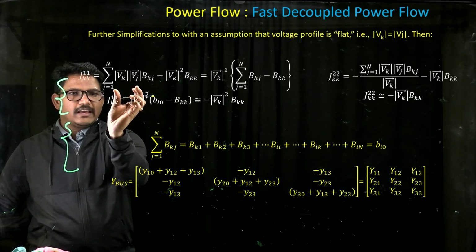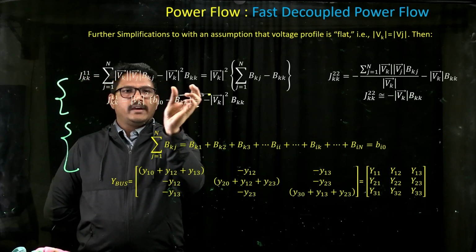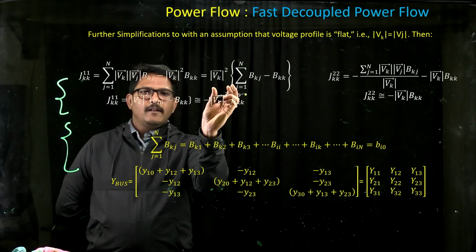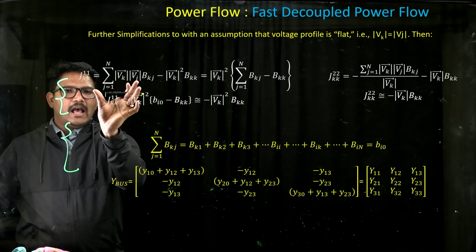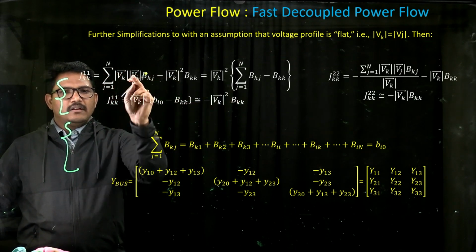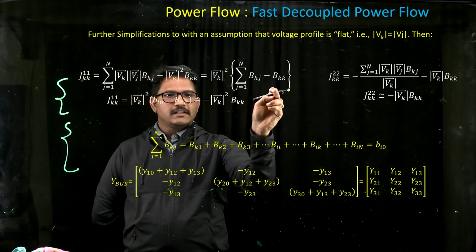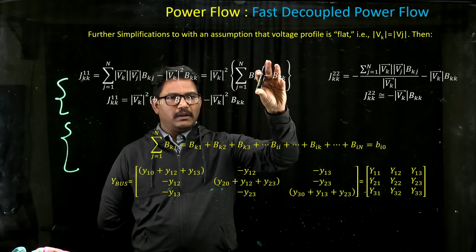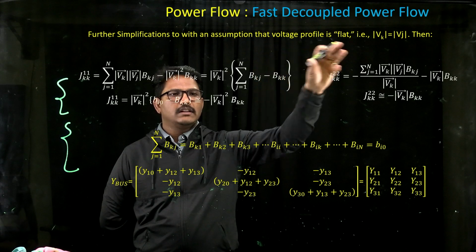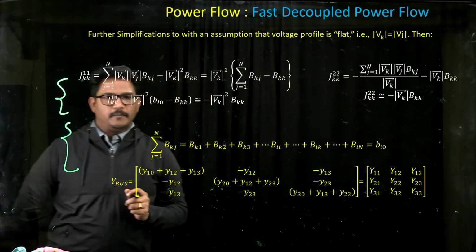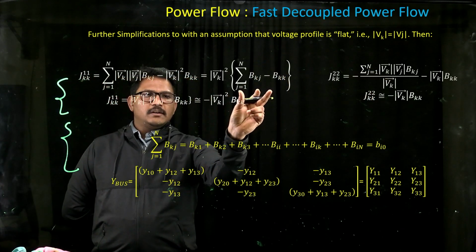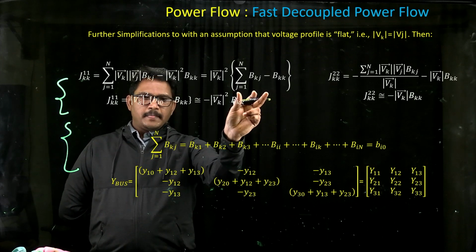Then this will become Vk square, and this is already Vk square, so you can take that Vk square out. Then you will have the first term as the sum of all the Bkj's minus Bkk. Now what does this mean? This is somewhat similar even in the case of J22 also. Now what is the meaning of the sum of all Bkj's?